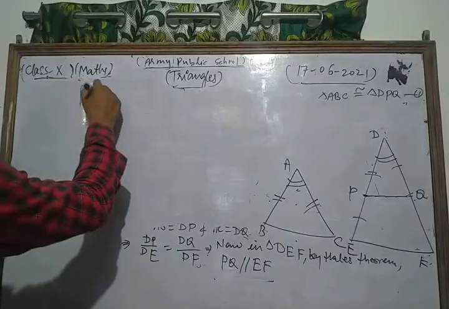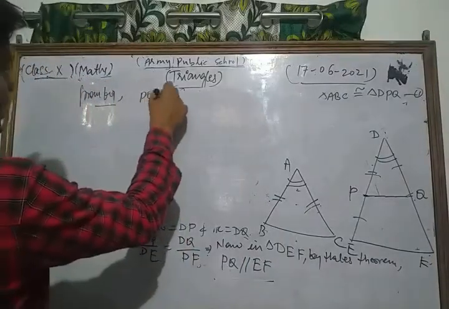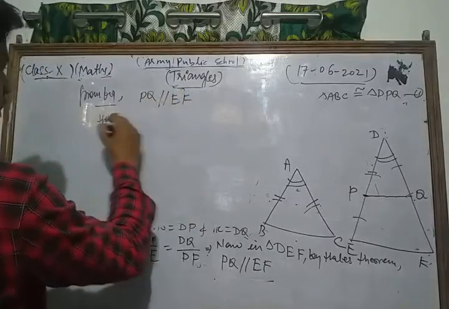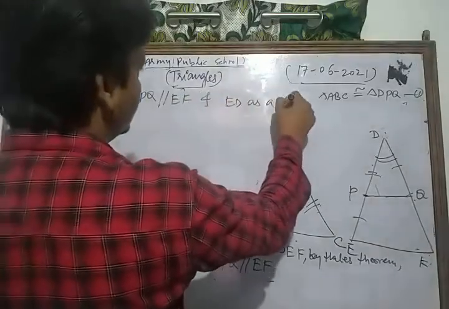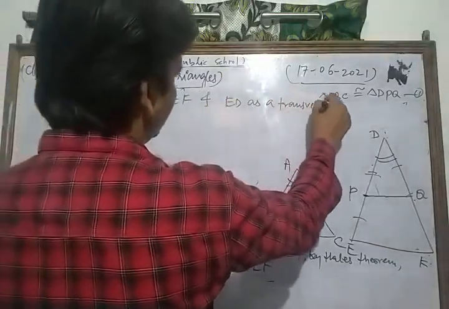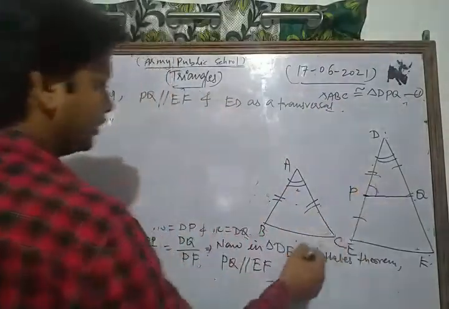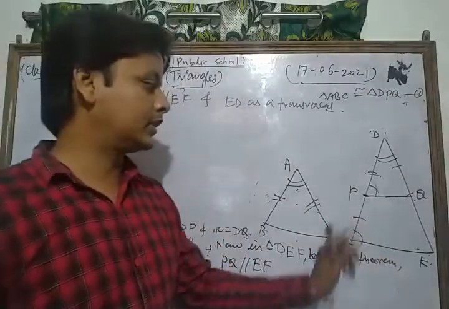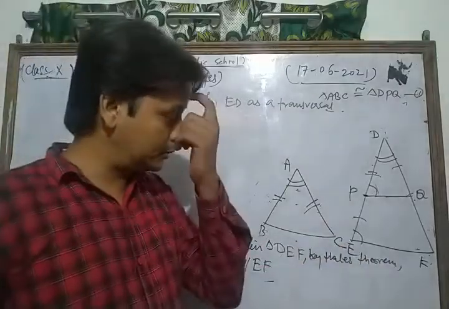So from the figure, PQ is parallel to EF, and ED is a transversal, then angle DPQ is equal to angle E, because if two parallel lines are cut by a transversal ED, then the corresponding angles must be equal to each other.